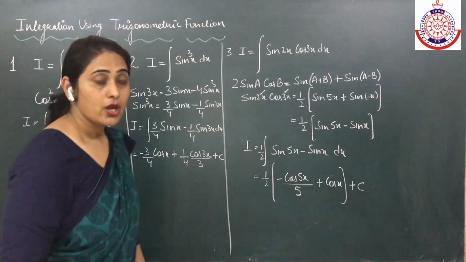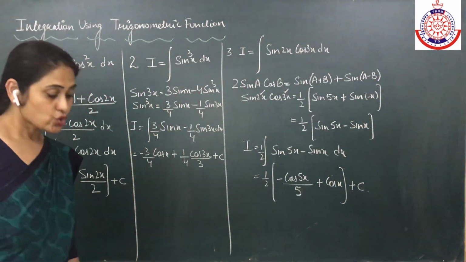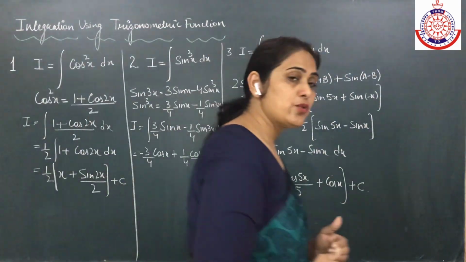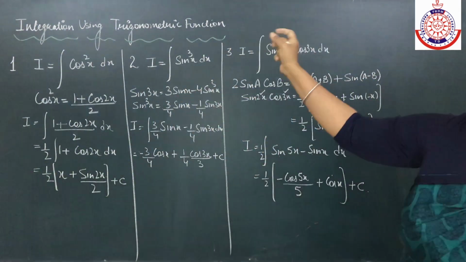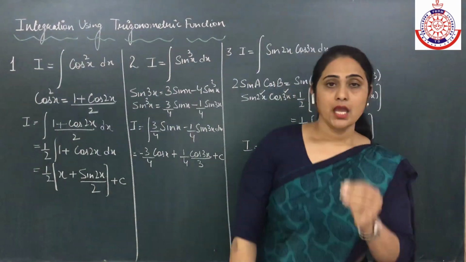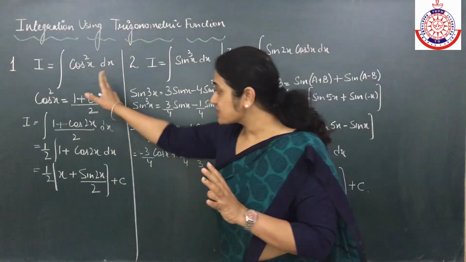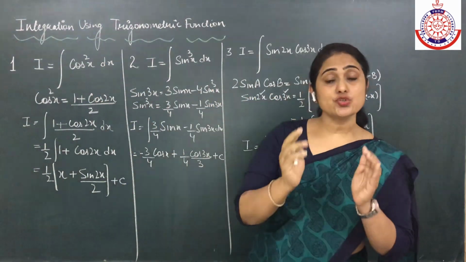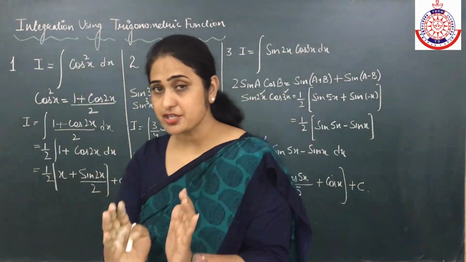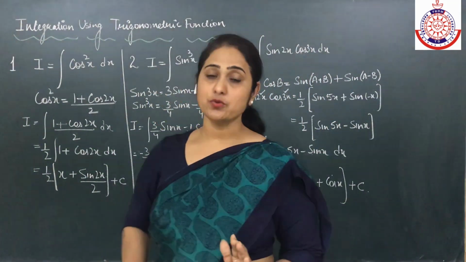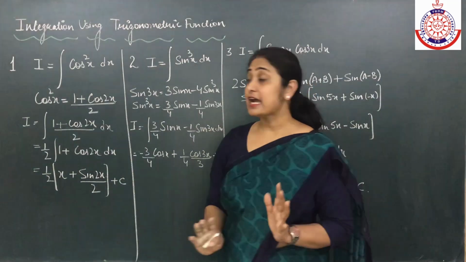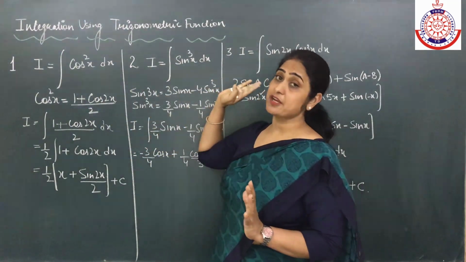Clear? Is it clear to everyone? So, what do we have to do when you have integration using trigonometric functions? Whatever the question is given to you, your target is to convert it into that function whose integration I know. For that you have to learn all the trigonometric formulas.